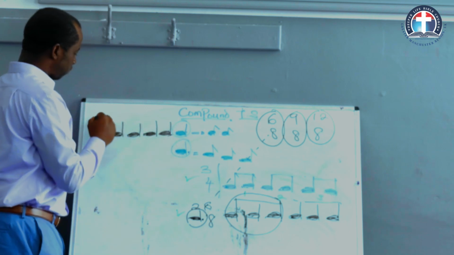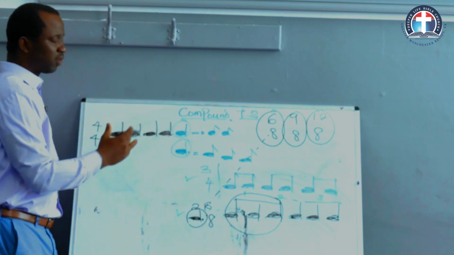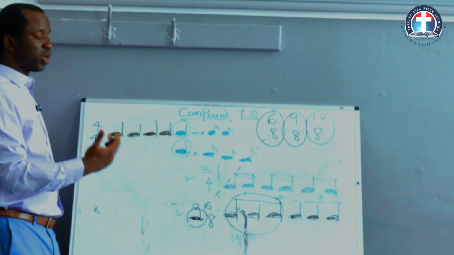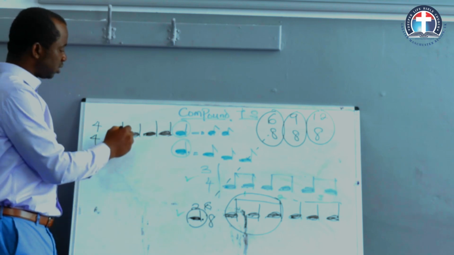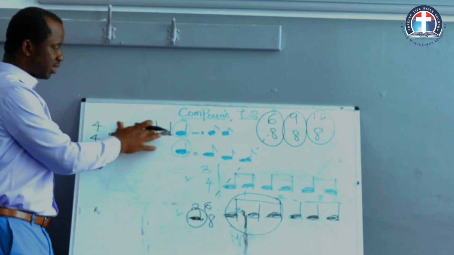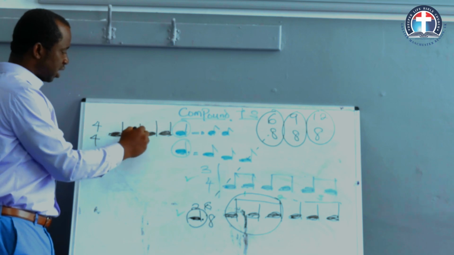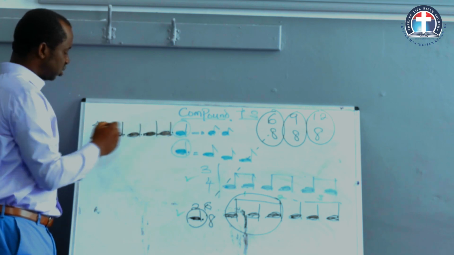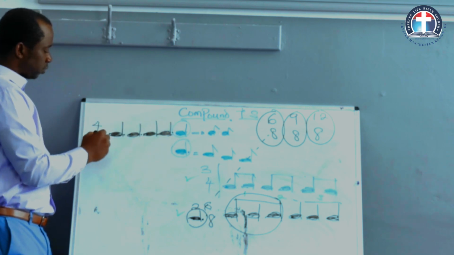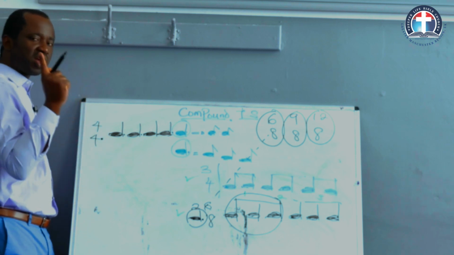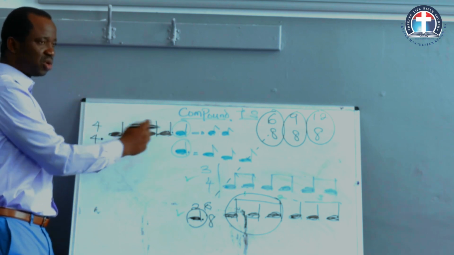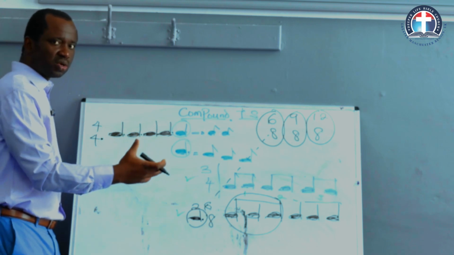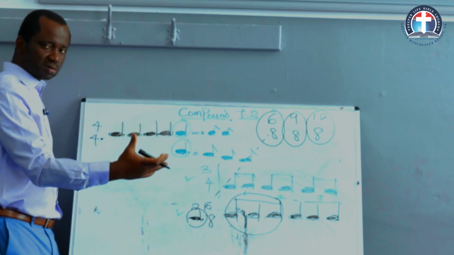So this is 4/4, and I'm given this song and asked to change it to a compound time. What I just need to do is rewrite these notes and add the dots here, here, here, and here. So this is now 4 dotted crochets, no longer 4 crochets, 4 dotted crochet beats in the bar. So when you can add dots, you add dots to make it compound time.